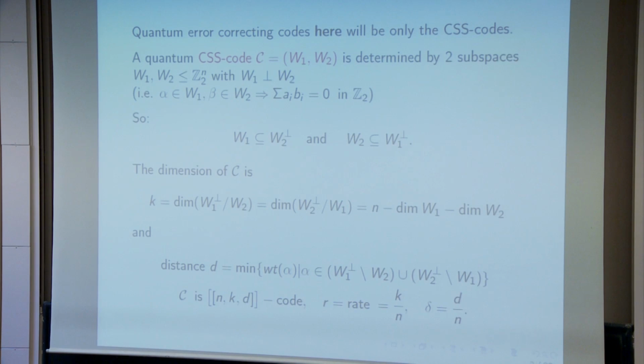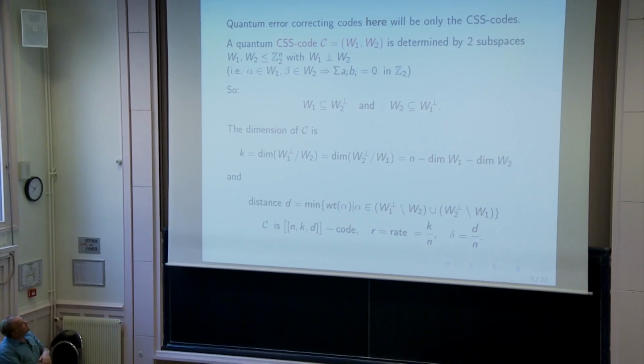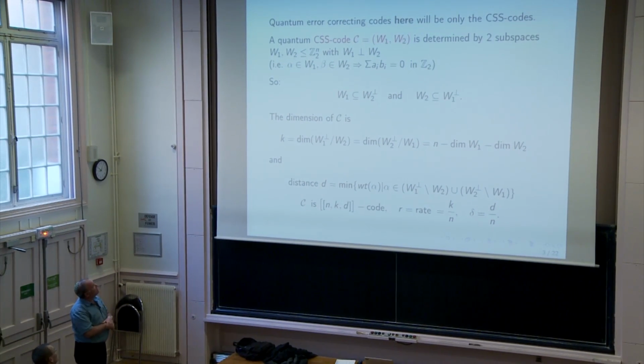Now, in this case, the orthogonal complement, well, complement is not really the right word because it's not necessarily a complement, but W1 is inside W2 perp, and W2 is inside W1 perp.